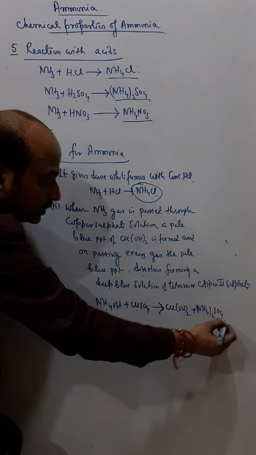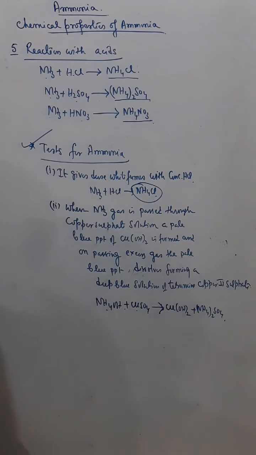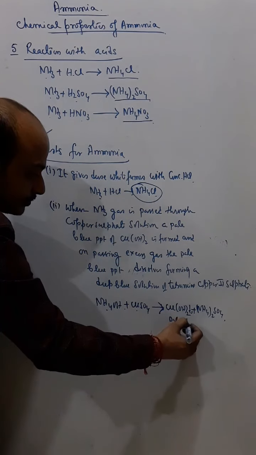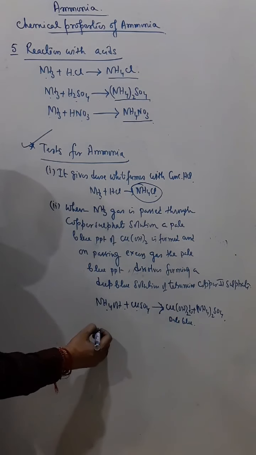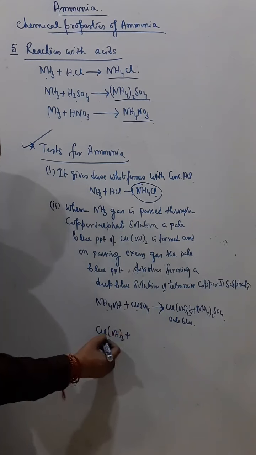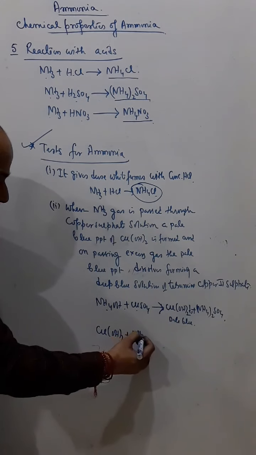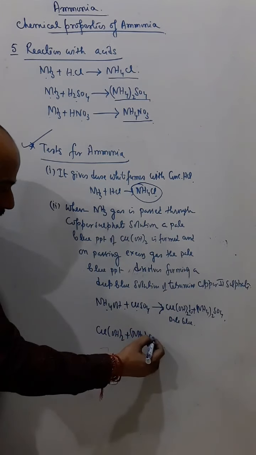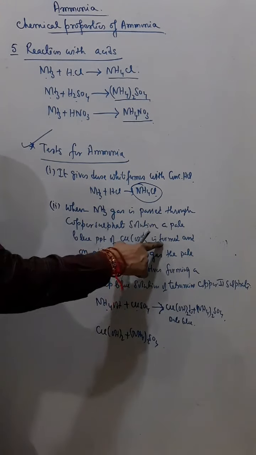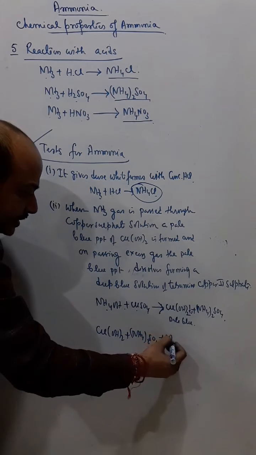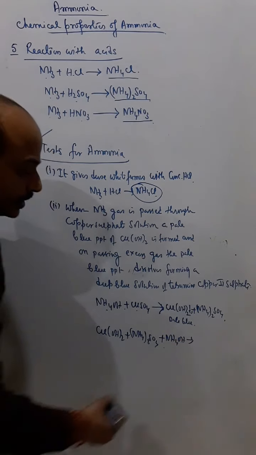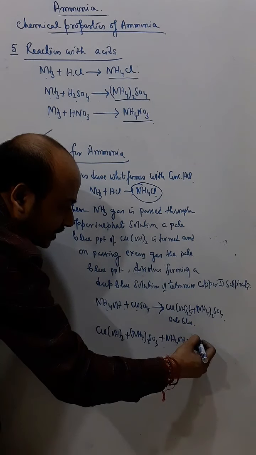So this is a pale blue precipitate, that is copper hydroxide, and (NH4)2SO4, which we already got. And on passing excess ammonia, that means excess ammonium hydroxide, NH4OH, you get tetraamminecopper(II) sulfate, a deep blue solution.